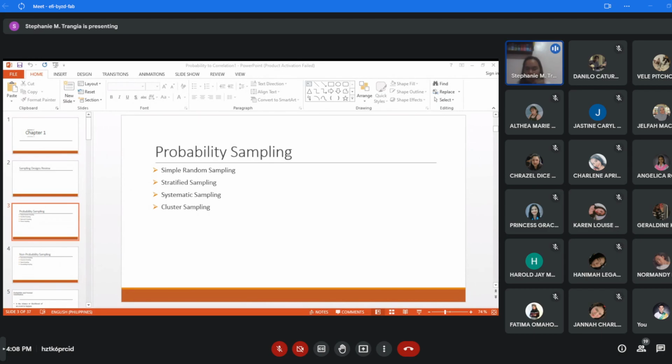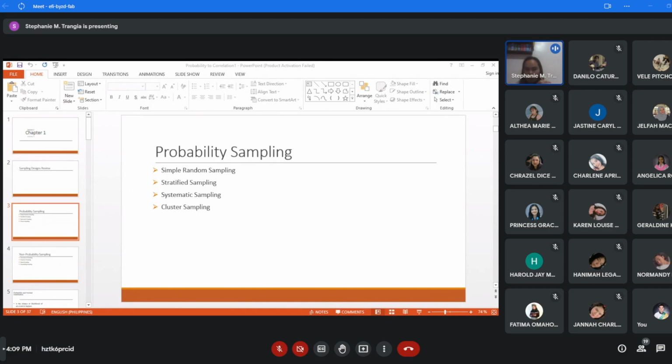Or you can use a table of random numbers to select your respondents. So that's simple random sampling.